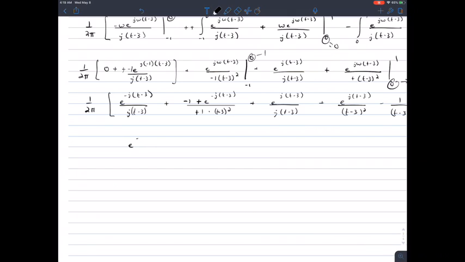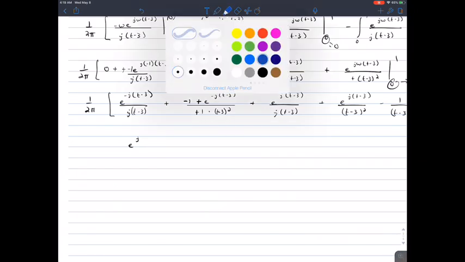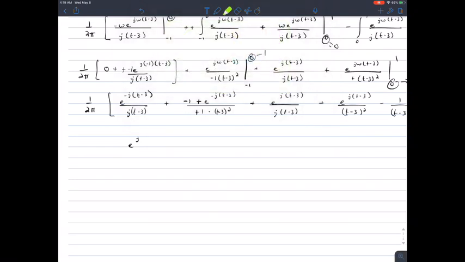So I'm already seeing that e to the j, so we're grouping these right here. I'm going to change this color. So we're going to group these into one to try to make it, I don't know, it's probably going to be cosine. e to the j(t minus 3) plus e to the negative j(t minus 3) all over j(t minus 3).